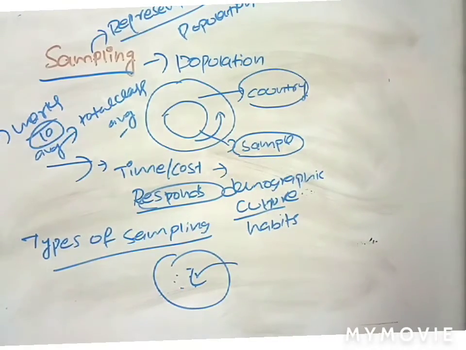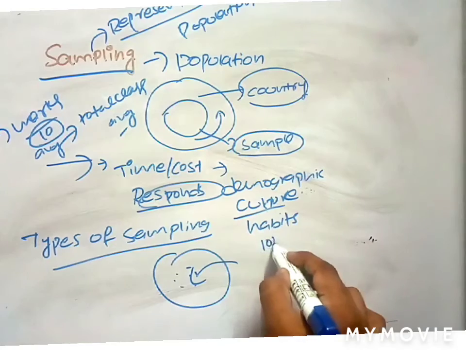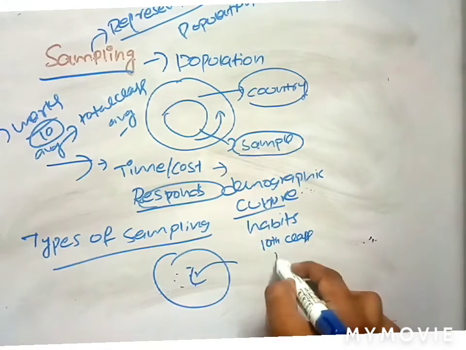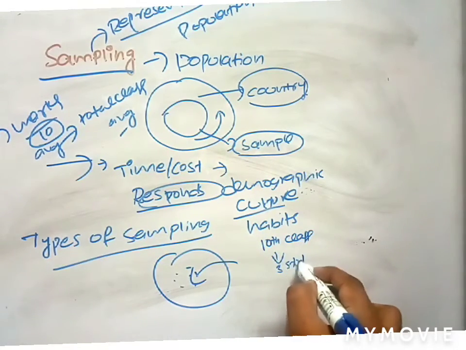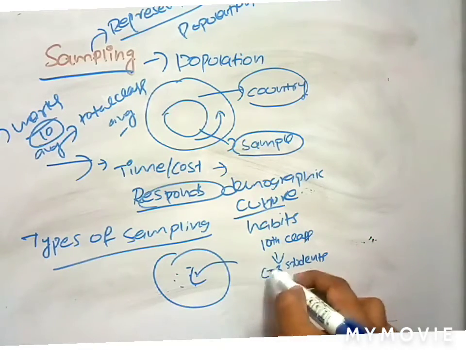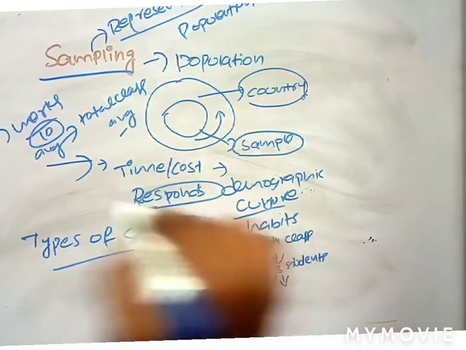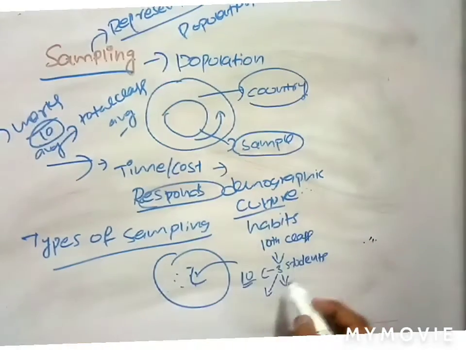That is also one of the understandings. For example, if I take a 10th class and I need 3 students from it, how will I pick those 3 students? Is there any importance or any criteria?